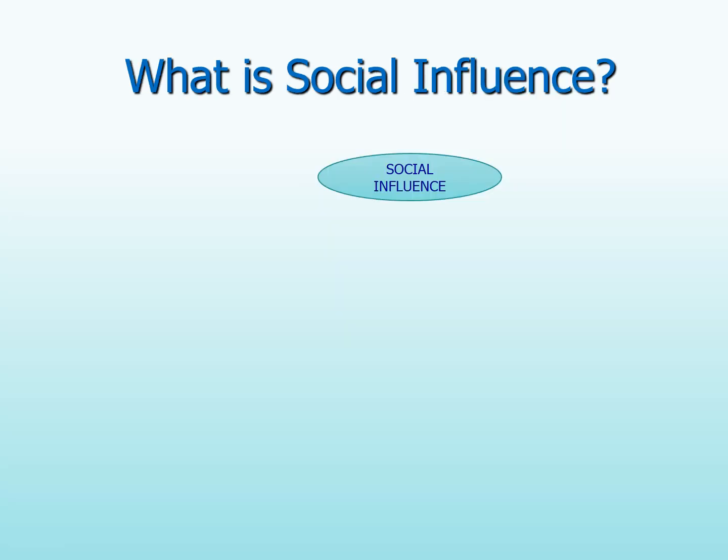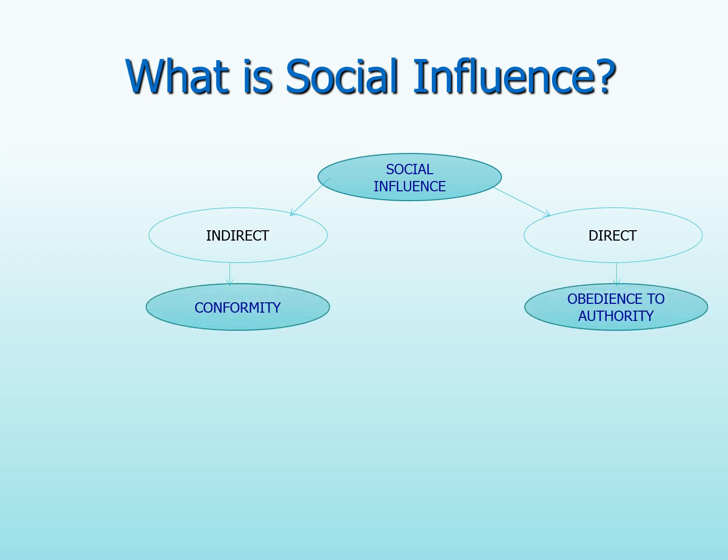So what is social influence? A little reminder, for those of you who like to think visually, this is a good way of imagining it. Social influence has direct and indirect influences. Indirectly, we can say that conformity is social influence, and direct is obedience to authority. Direct is those orders that someone is giving you from an authority figure for you to obey. Indirect is those pressures, and conformity further divides. We've got internalisation and compliance.